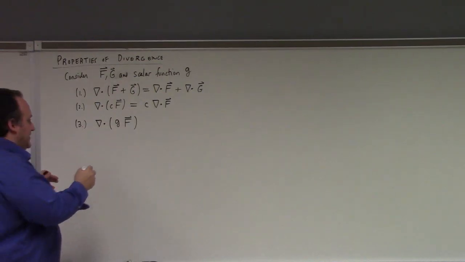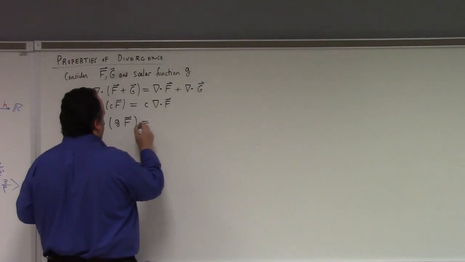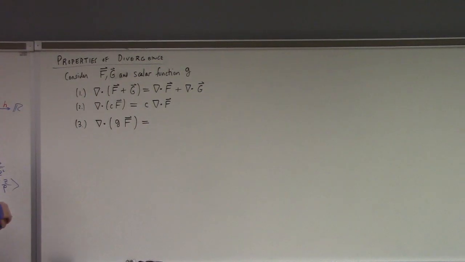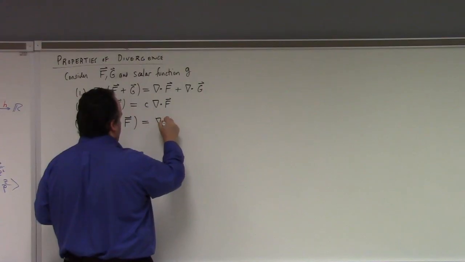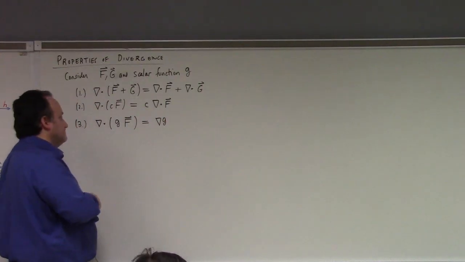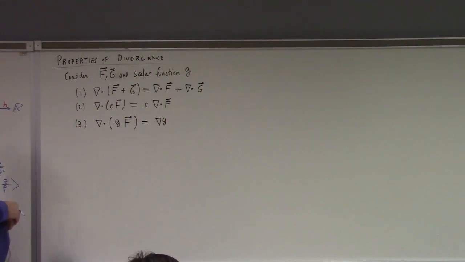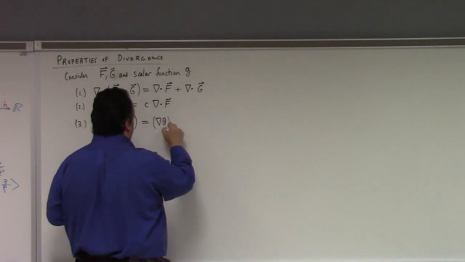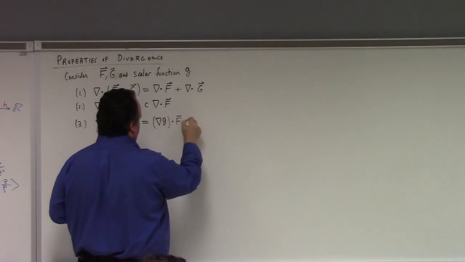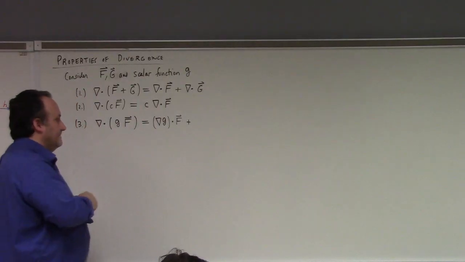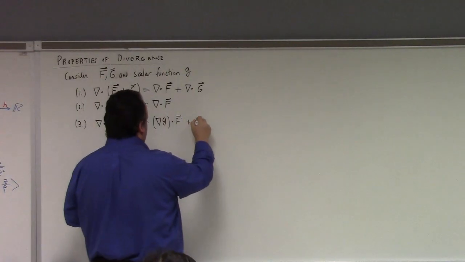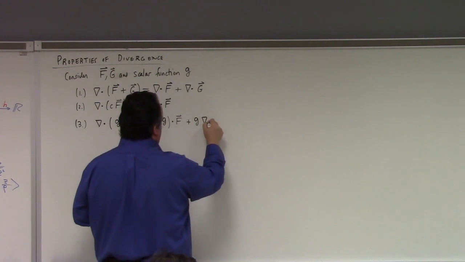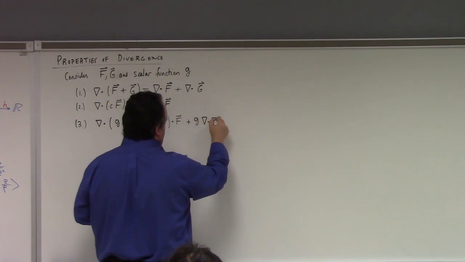Yes, there is. It's not with the dot: the G times the divergence of the vector field, plus the gradient of G dotted with F.